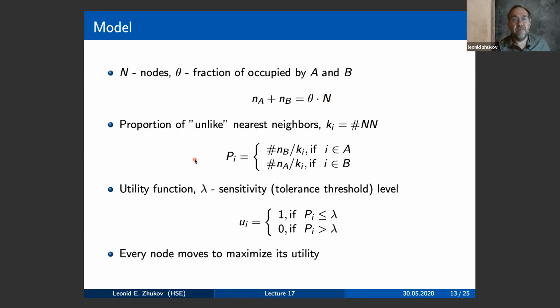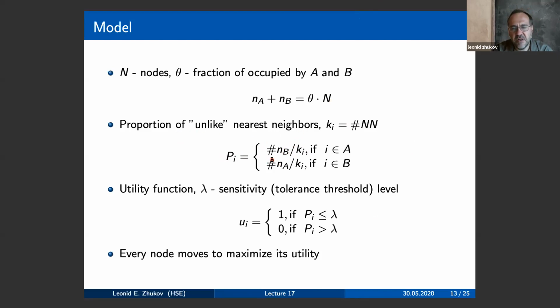So again, within this model, you calculate the proportion of nearest neighbors that are of the same type and of the opposite type. It's actually, I'm sorry, you calculate the proportion of unlike nearest neighbors, right?